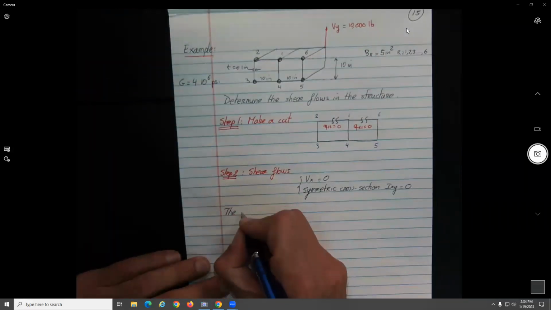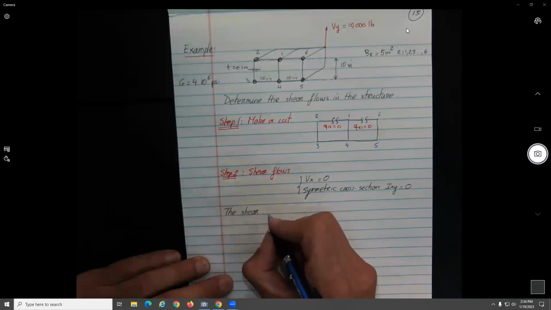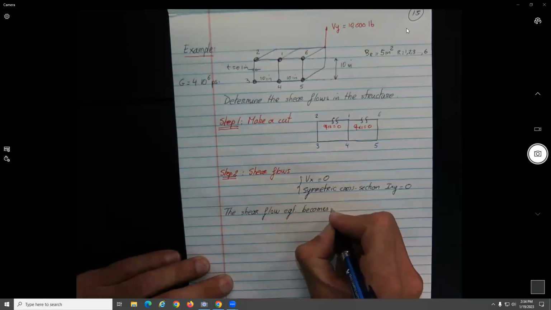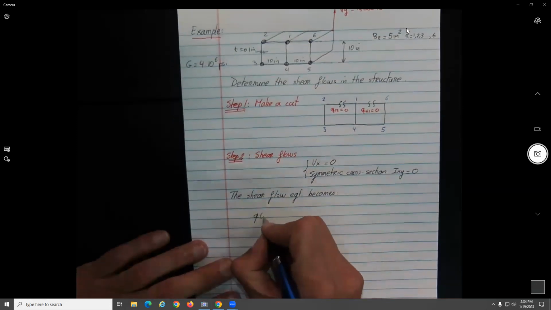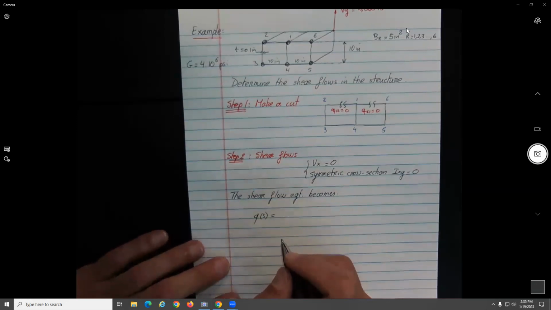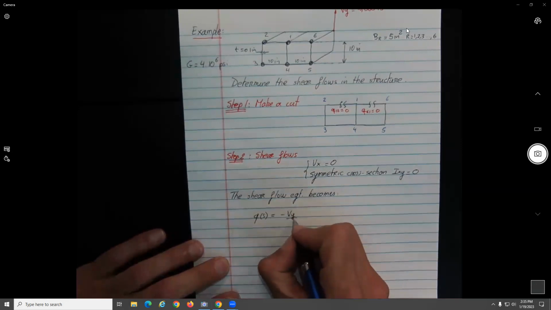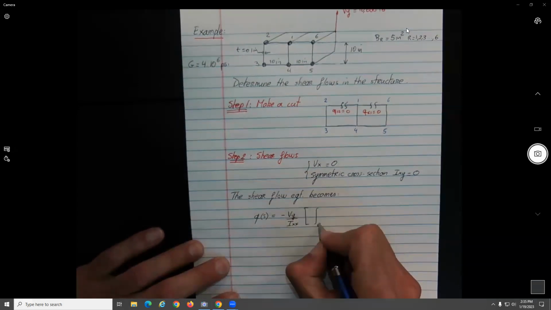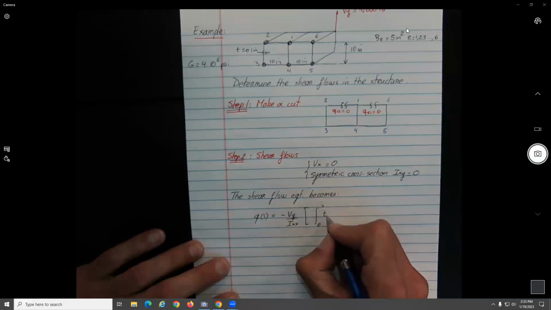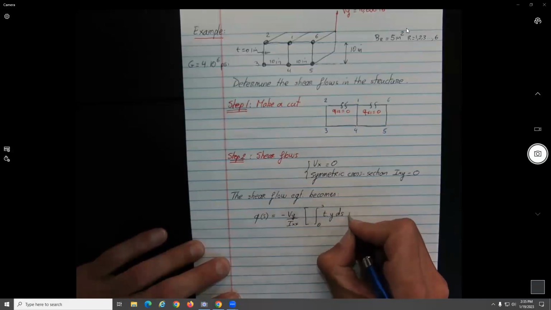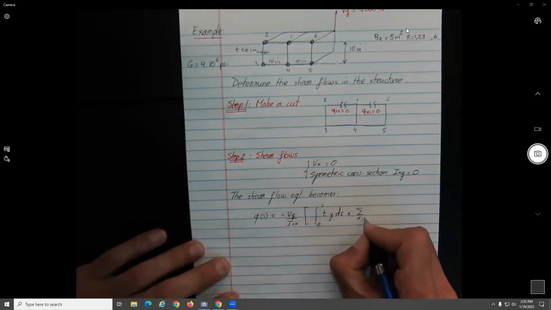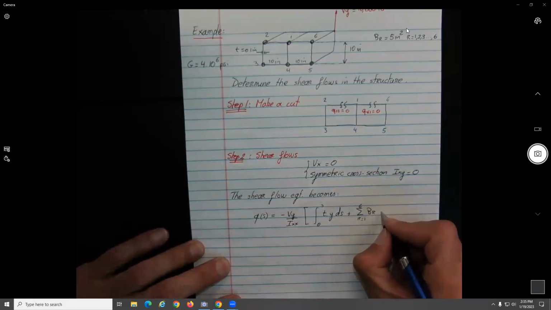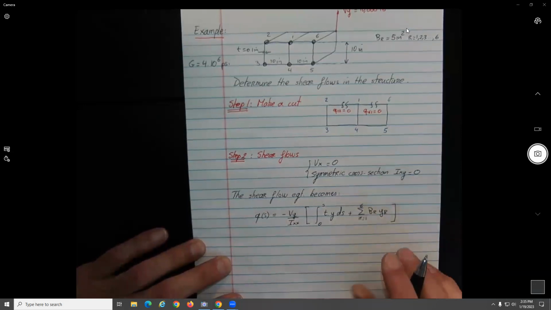The shear flow equation becomes, for q sub s, minus Vy over Ixx, and we are left with two terms: the integral from 0 to s of t_y ds, plus the summation for r equal 1 to 6, because we have 6 booms, of B sub r y sub r.